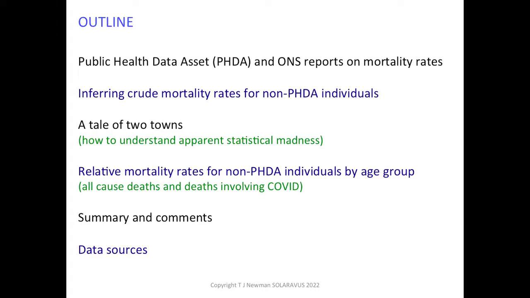There'll be a little interlude, a tale of two towns, which will help us understand some apparent statistical madness. And then we'll show the results, the main part of the presentation, for the relative mortality rates for individuals who are outside of the official database compared to individuals who are inside the official database. And I'll end the talk with summary and comments.